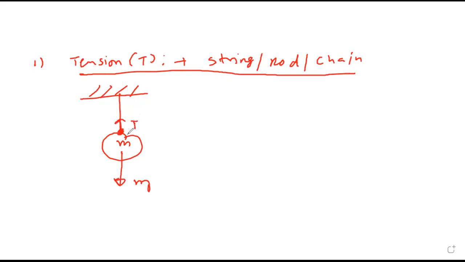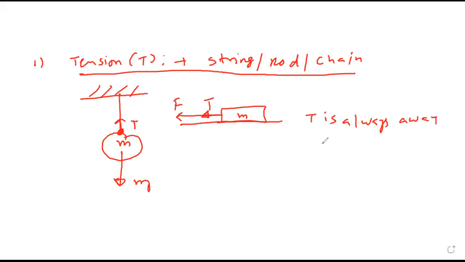Suppose this is mass m, this is the force by which it is pulled, so tension will be away. So just remember T is always away from body.